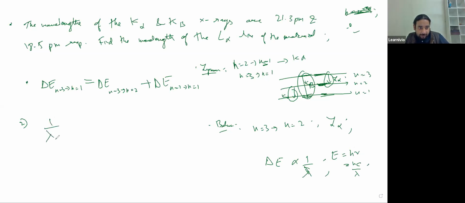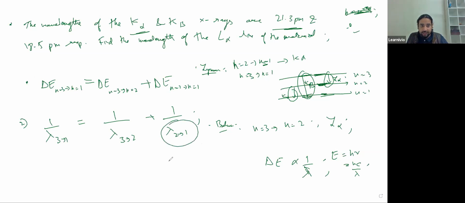So you have 1 by lambda for the transition 3 to 1 equal to 1 by lambda for the transition 3 to 2 plus 1 by lambda for the transition 2 to 1. Now, lambda for the transition K alpha is given. K alpha would be this one, from 2 to 1. And the other one, K beta, which is from 3 to 1, is also given.